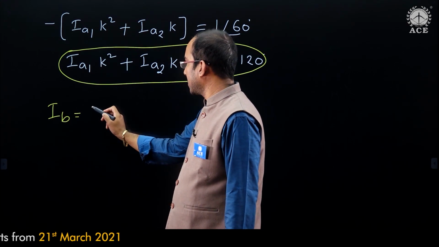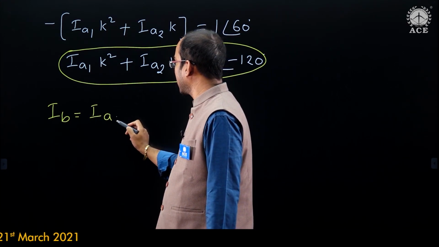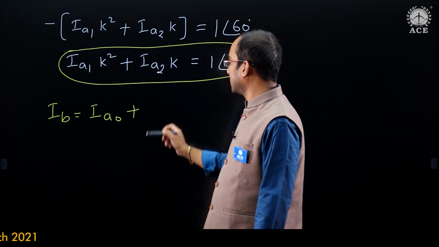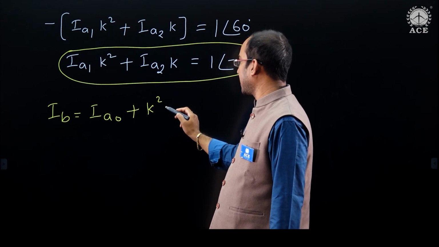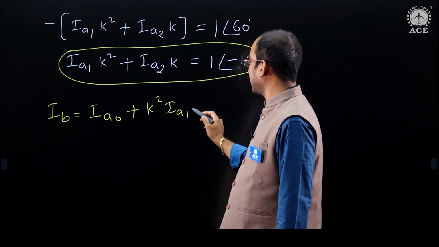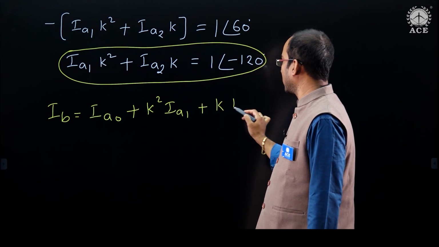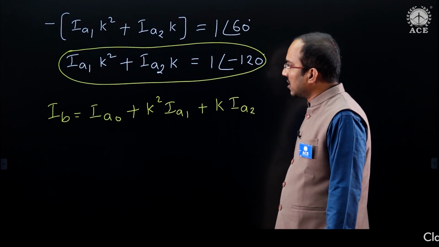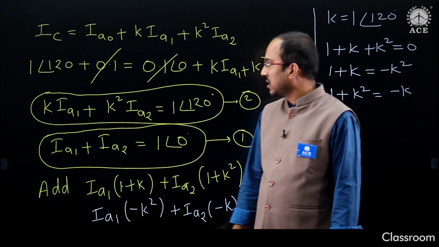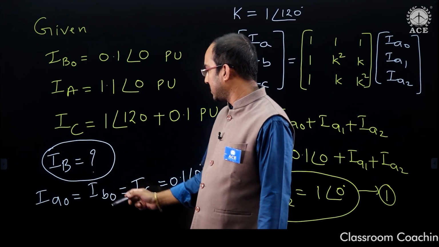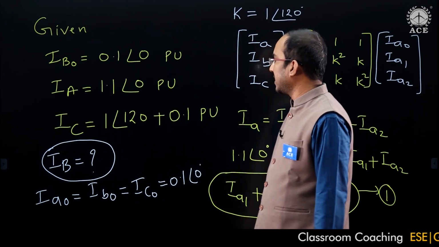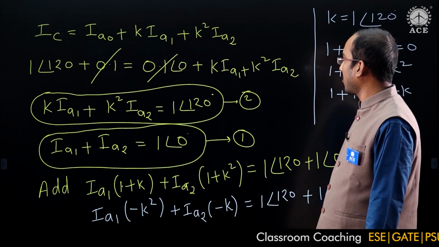IB is nothing but IA0 plus K square IA1 plus K times IA2. From the given data, IA0 is given as 0.1 at an angle of 0.